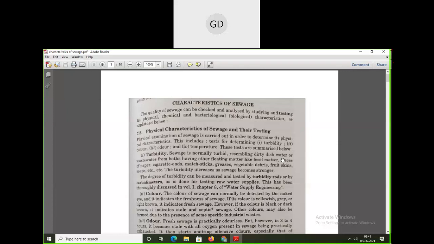And you can also dispose of it into river bodies, so it will not harm the aquatic plants and animals. It has to go through certain treatment processes, and these are different from the raw water treatment processes.